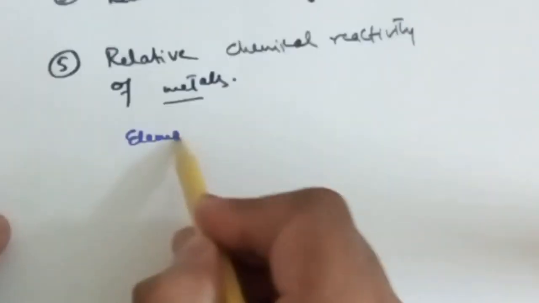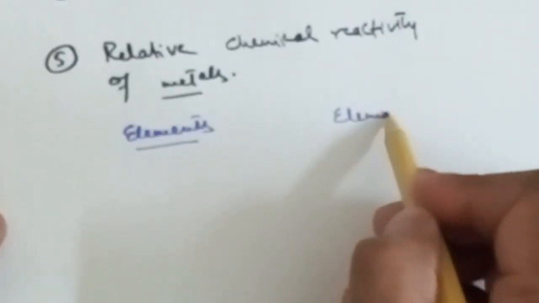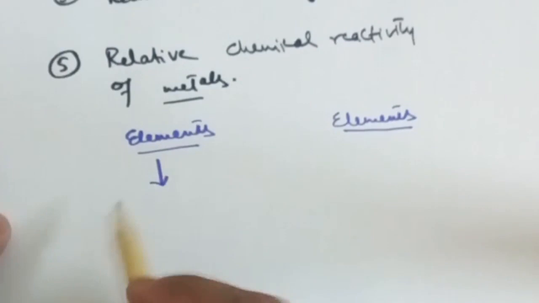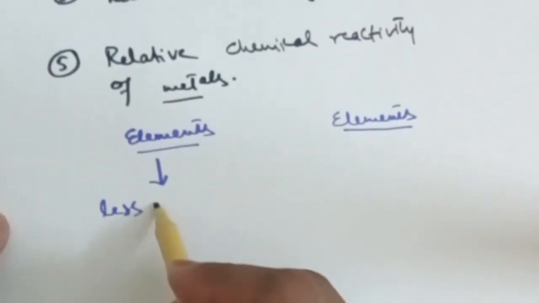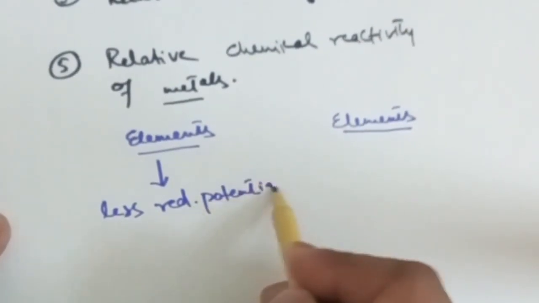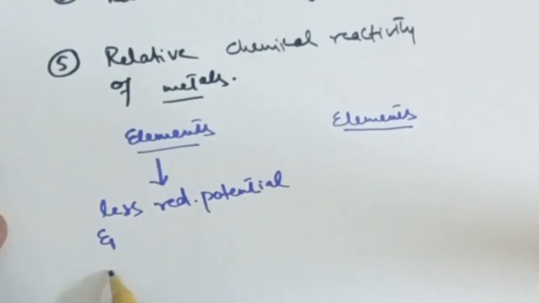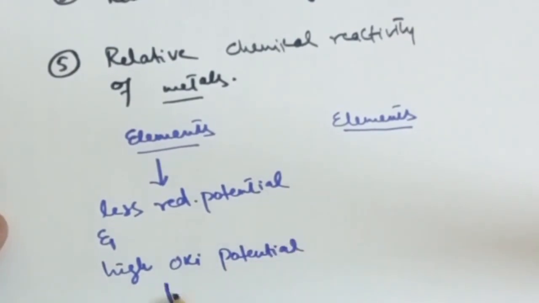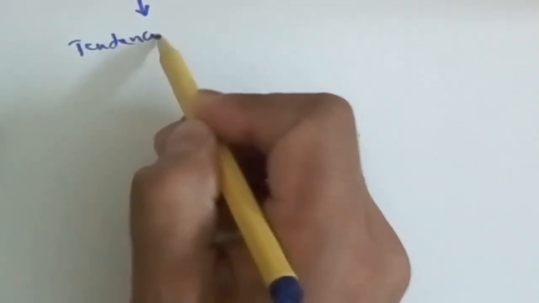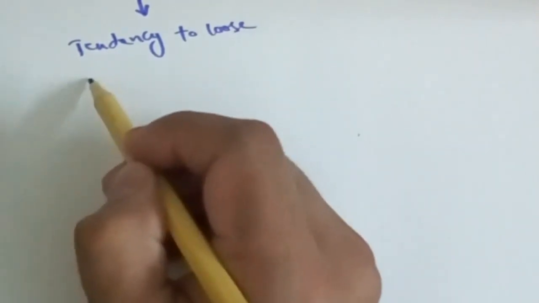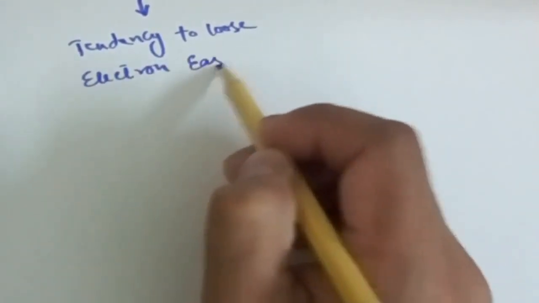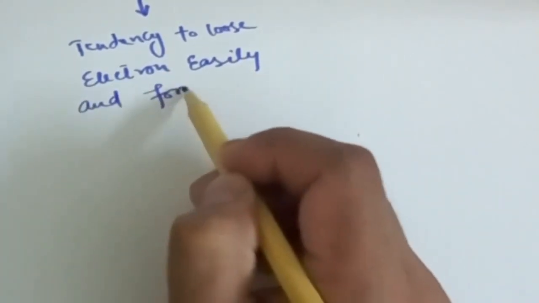I will write down that the elements whose reduction potential is less and oxidation potential is higher have the tendency to lose electrons easily and form positive ions.